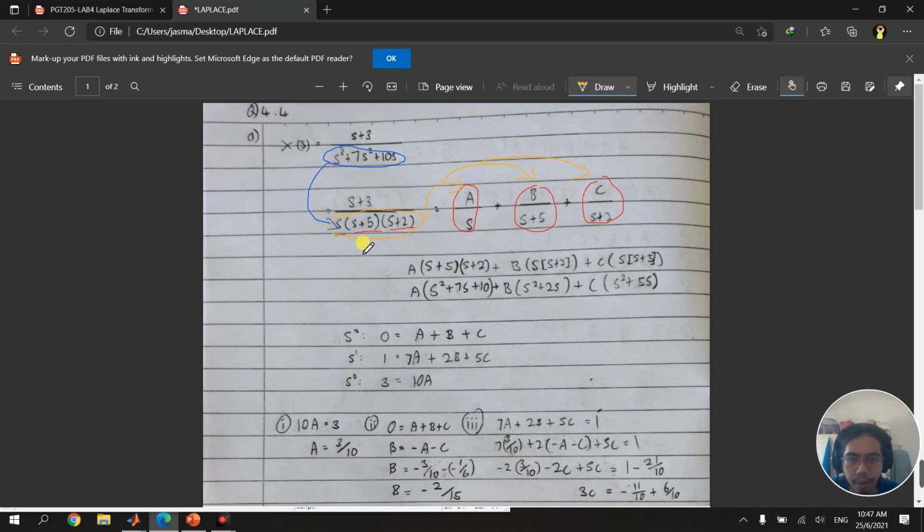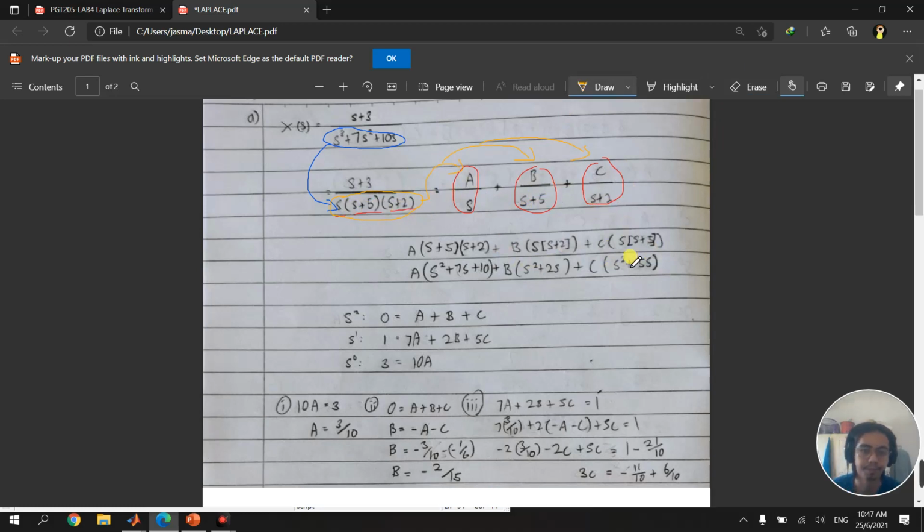So from there, s will cancel this s, so we get s plus 5, s plus 2. And then here is s plus 5, so we cancel s plus 5 and get s plus 2. And also for c, s plus 2 we cancel and then we get s plus 5.